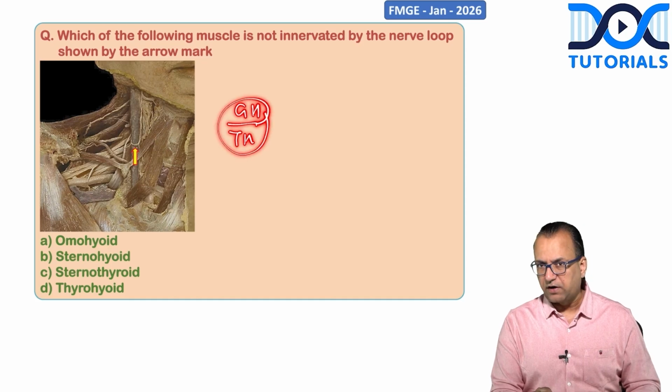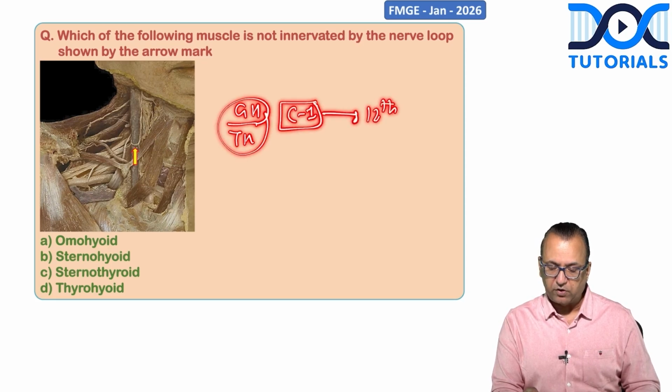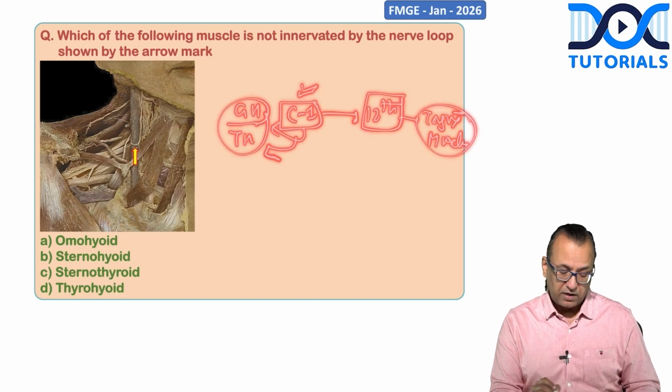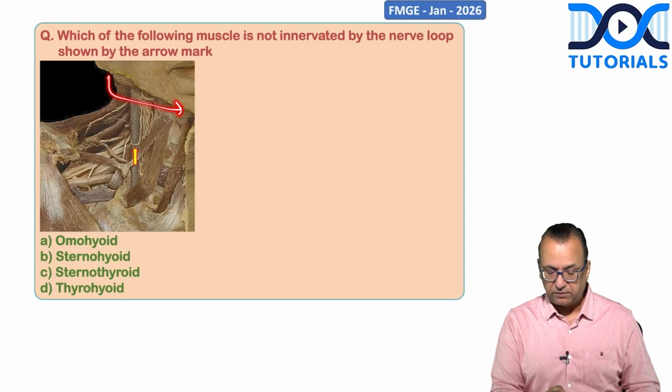The geniohyoid and thyrohyoid will be supplied by C1 fibers directly, but carried by the 12th nerve, the hypoglossal nerve, which is itself going to supply tongue muscles, but it also carries some C1 fibers to supply geniohyoid and thyrohyoid. Let us make one diagram for the right hypoglossal nerve here.